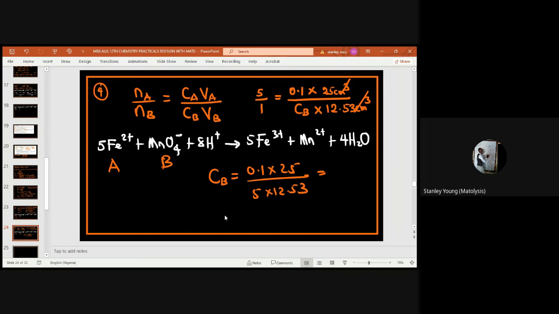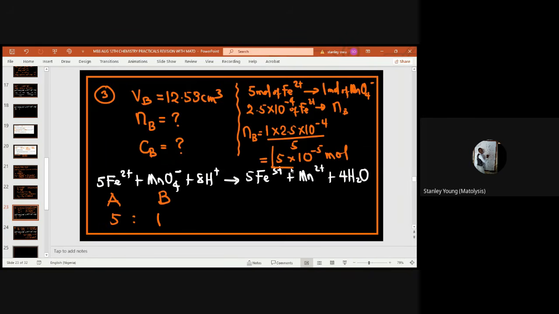So this gives you approximately 0.04 mole per dm cube. So that's the concentration of B in mole per dm cube. Another way you could have solved that is, since we have calculated the number of moles of B here, you can just use n equals CV and still get your result.